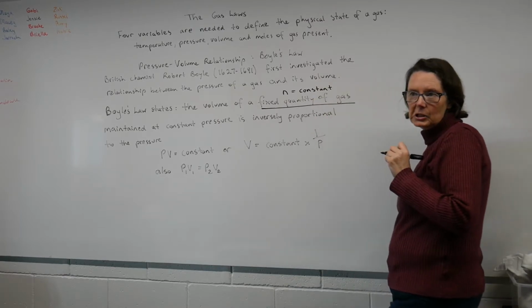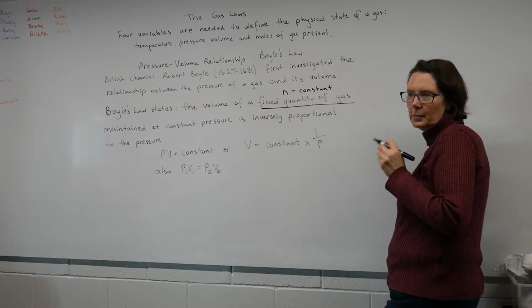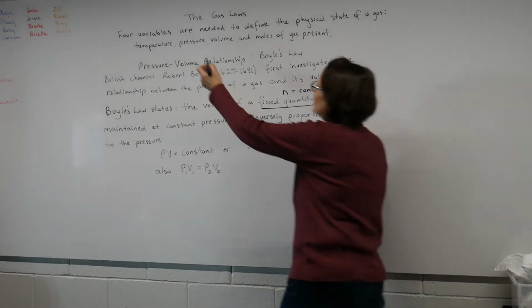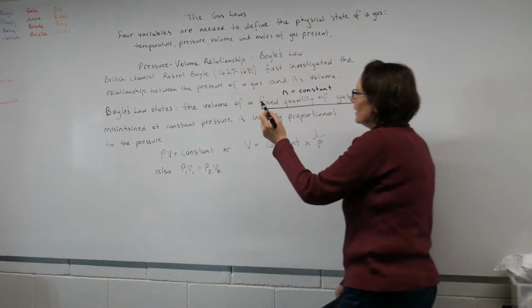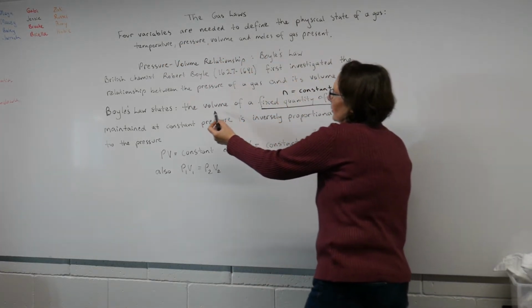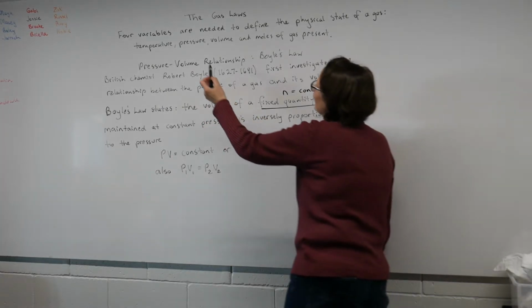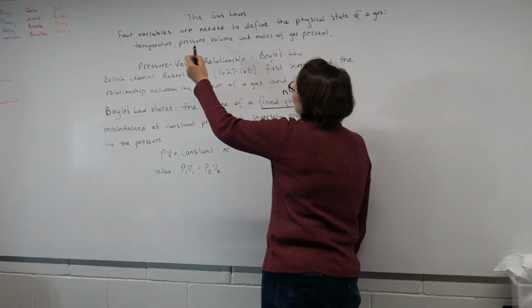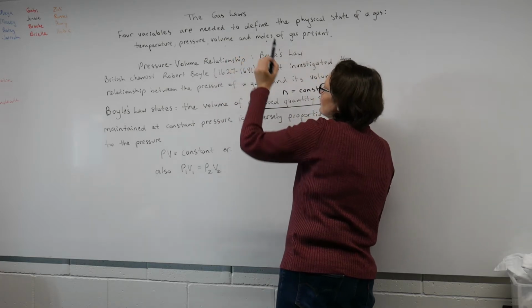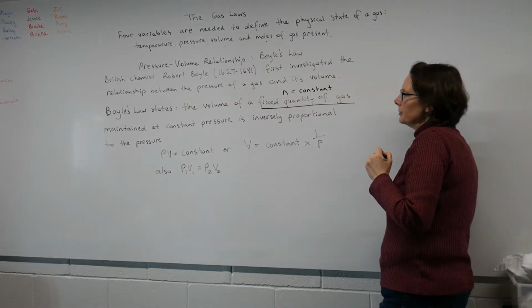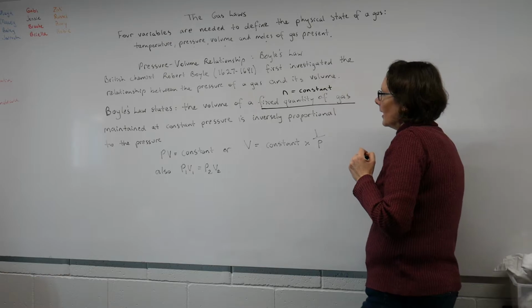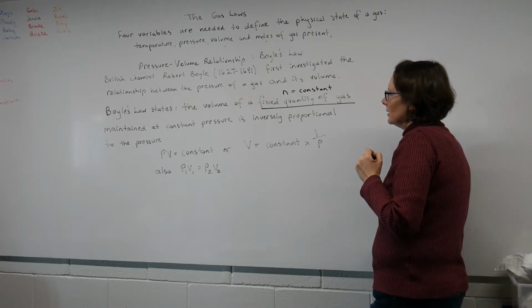Does that seem reasonable? We're keeping the number of moles constant, because remember, these are our 4 variables, and we're looking at volume and pressure, and so now we've said that the moles have to be kept constant, and we've also said maintain a constant temperature.